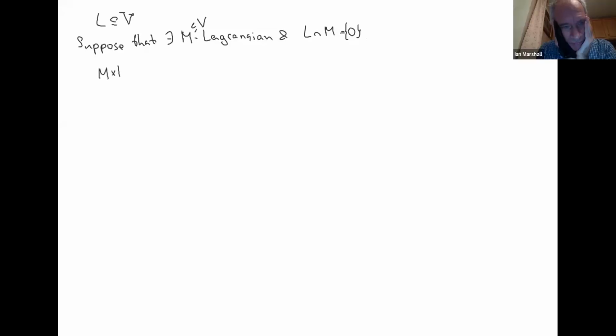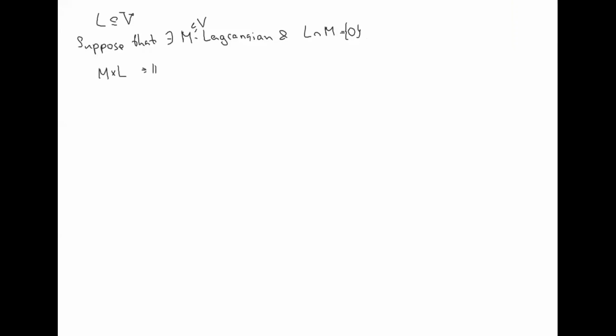Using omega, the pairing is non-degenerate. And therefore, we have the following isomorphism from M to, let me write it like this. So we have M is a subspace in V, V is isomorphic to V star, and we have a surjection from V star onto L star, and this map is an isomorphism.